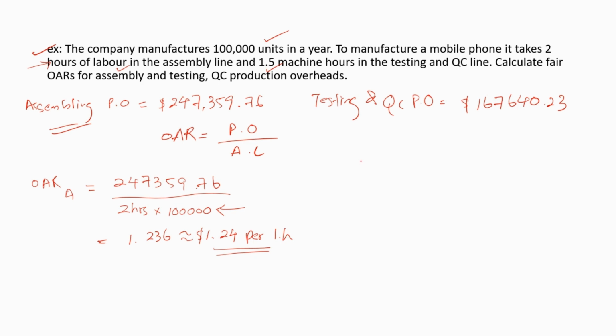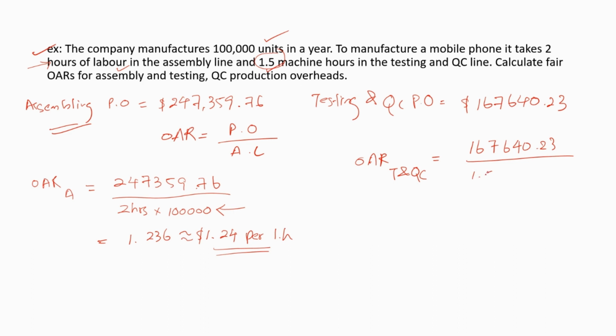Now let's calculate the OAR for testing and quality control. What activity level should we use here? They are telling us 1.5 machine hours are taken for testing and quality control. Let's use this value because this seems like the fair activity level.